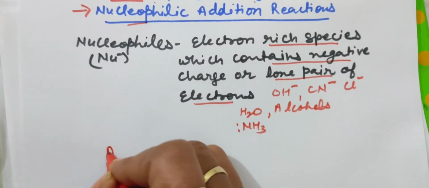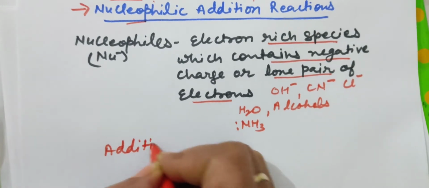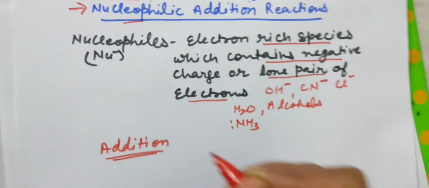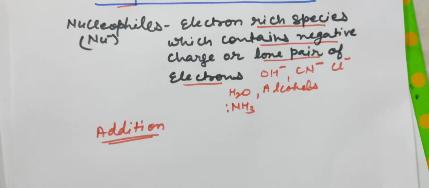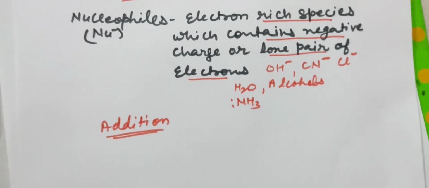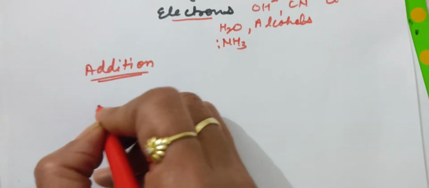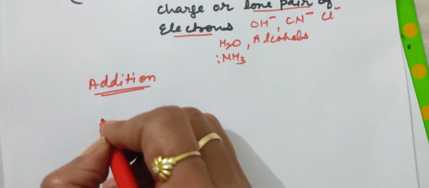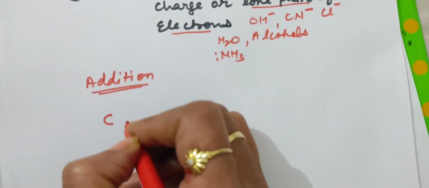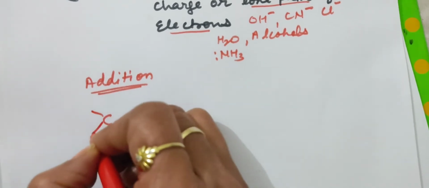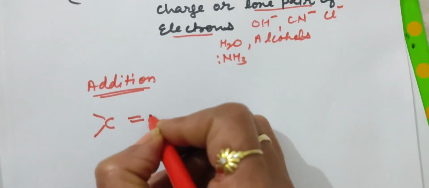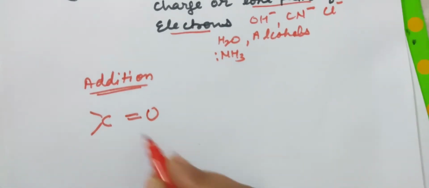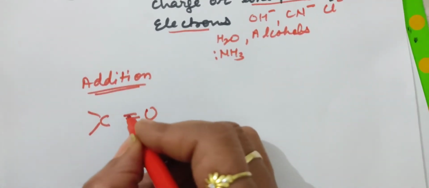Now, addition reactions are those reactions in which there is no elimination of any micro or macro molecules, only addition takes place. For example, suppose I take a general equation for aldehydes and ketones. This is any aldehyde or ketone, it is general.